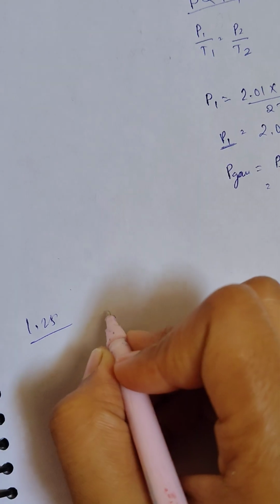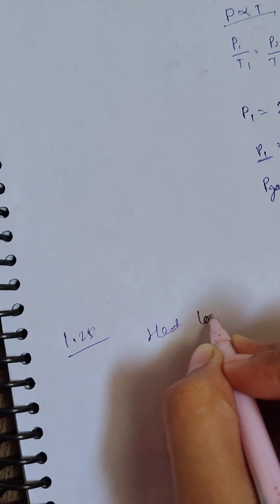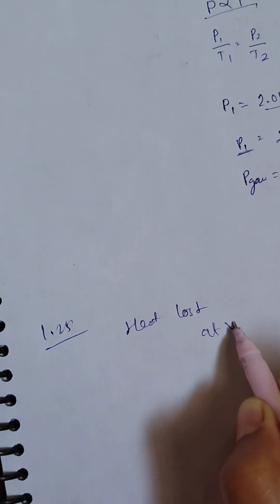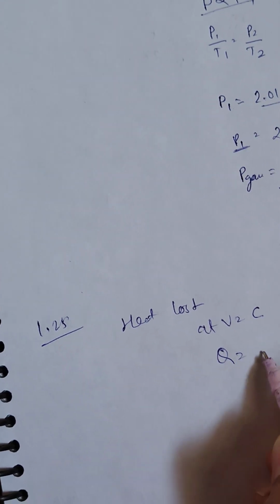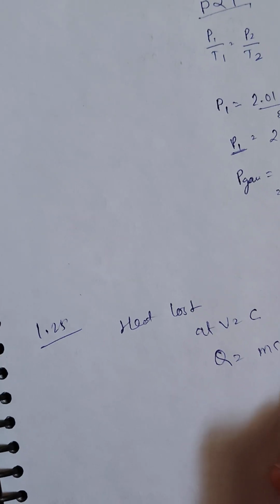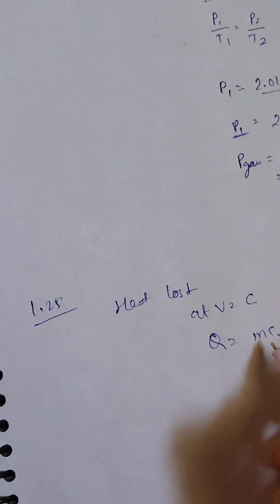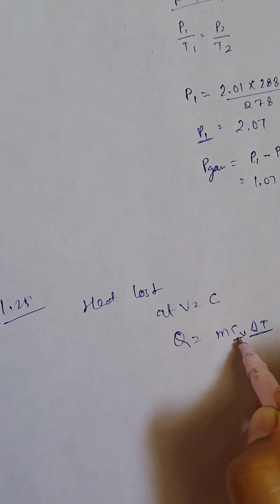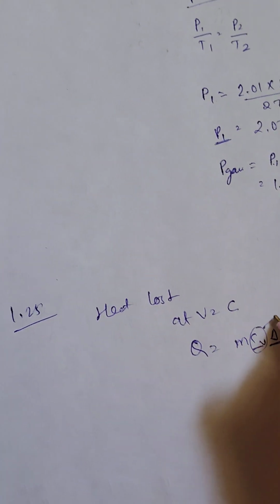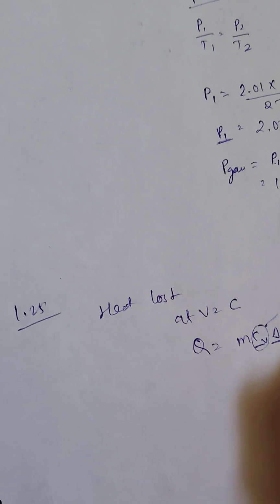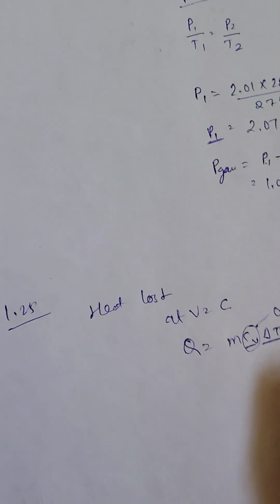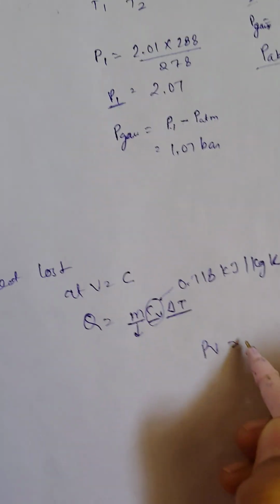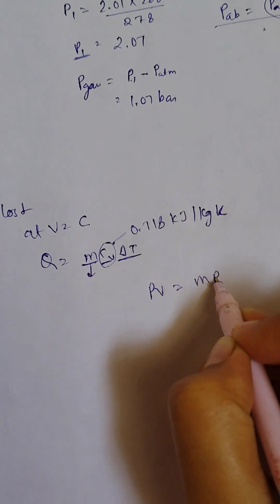First of all, we need to find the heat loss. Heat loss means, at constant volume, the formula of heat is m Cv delta T. We have the change in temperature. We know here it is air, so the value of Cv is 0.718 kilojoule per kg Kelvin, and for mass, PV equals mRT.